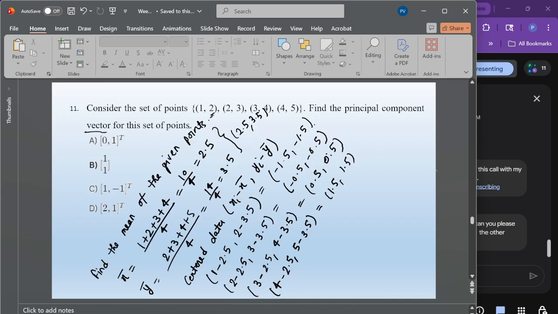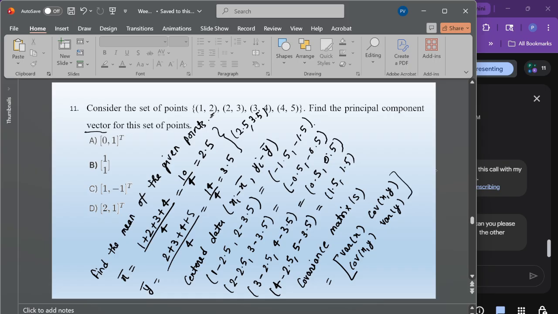Next we need to calculate the covariance matrix from the centered data. The covariance matrix has variance of x, covariance of x, y, again covariance of x, y, and variance of y.